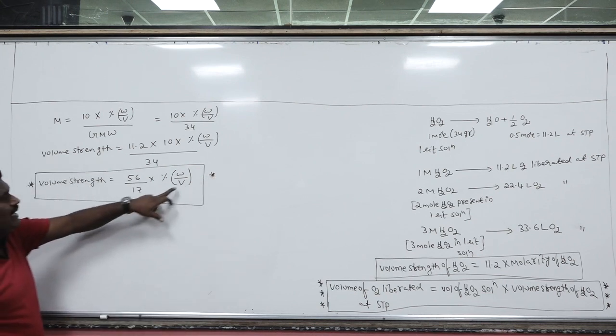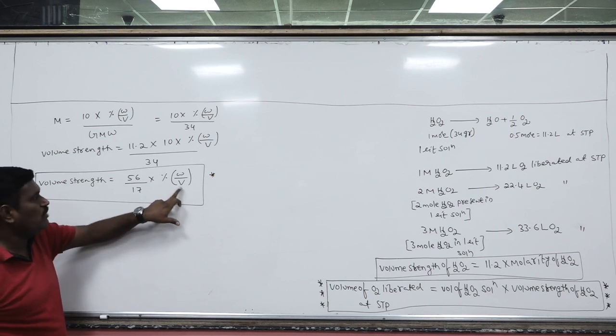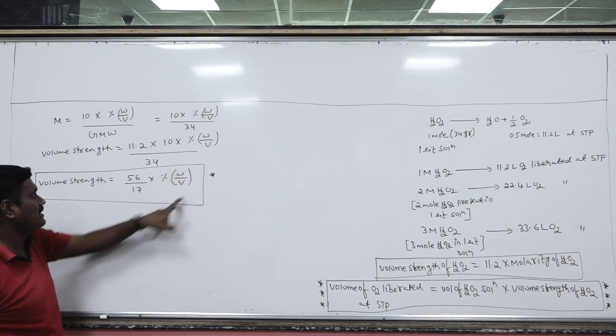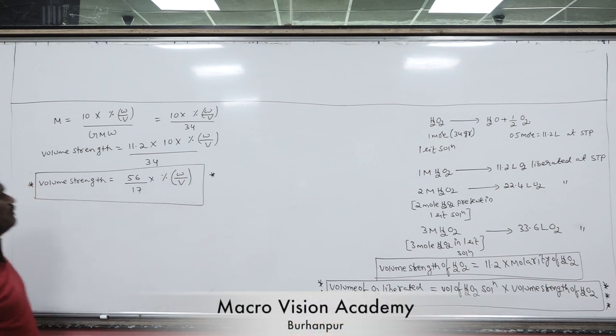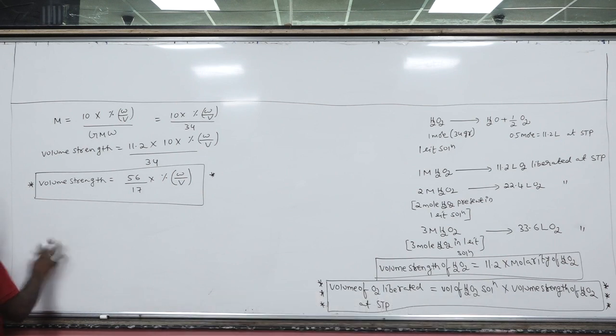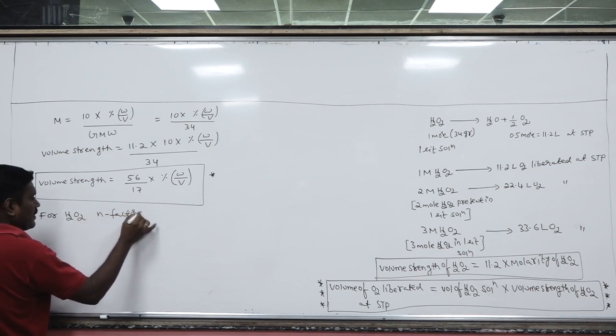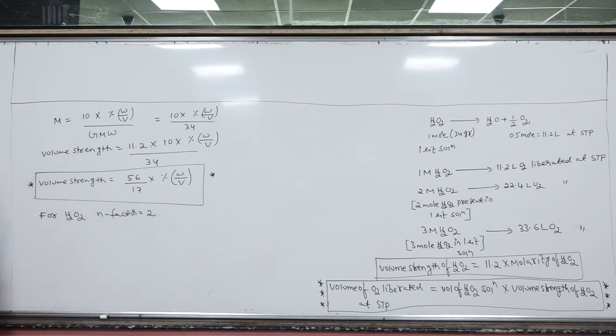So that means in 100 ml of a solution, how much weight of the solute is present? This is the weight volume percentage. Now come to hydrogen peroxide. The n factor is what? 2.